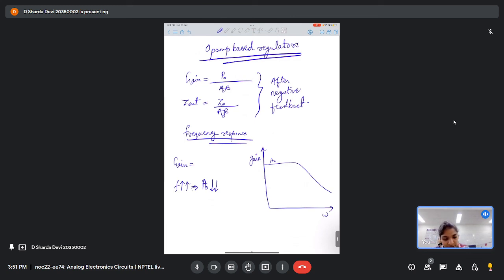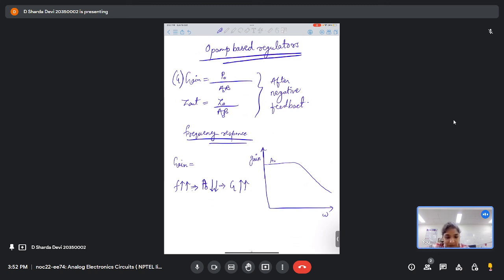So now what will happen, your denominator will start reducing. So your feedback gain, this gain which I'm talking about, let's say this is G. This G actually starts increasing. Can you observe that?